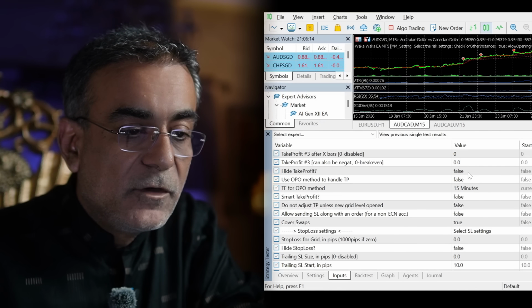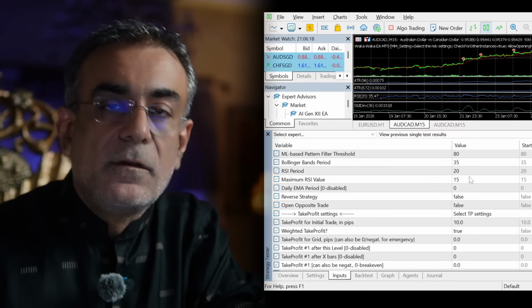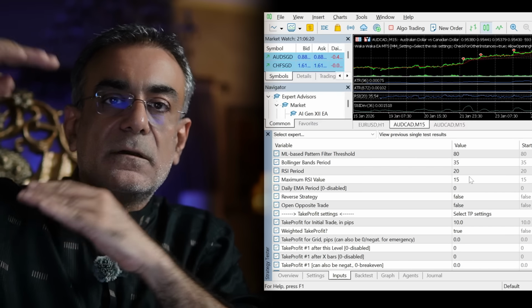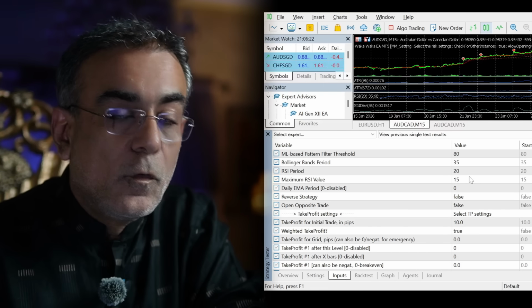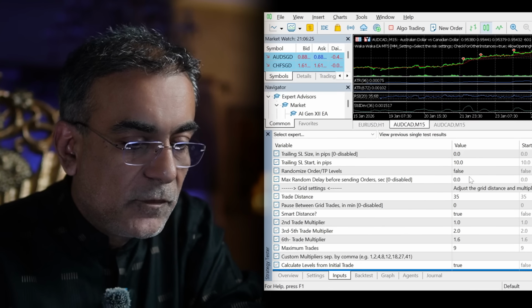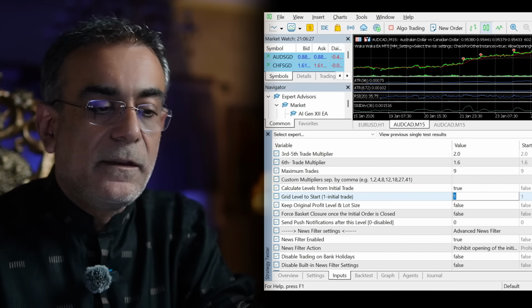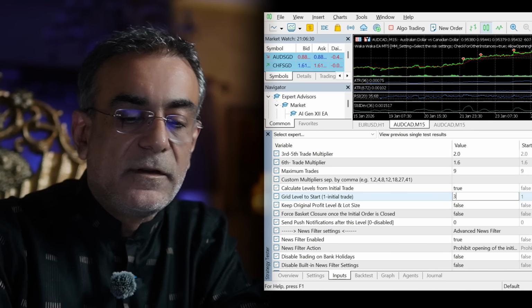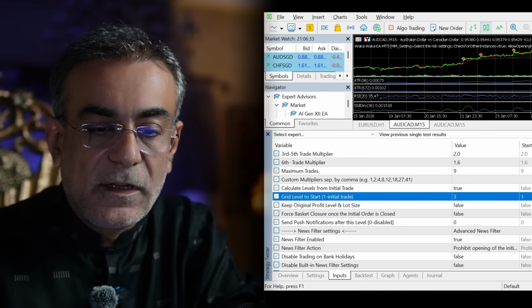Normally, whenever your RSI hits this 15 difference from the mean 50, you open a trade. But you also have the possibility of saying, no, I want to start from level 3. Let's run it to see.